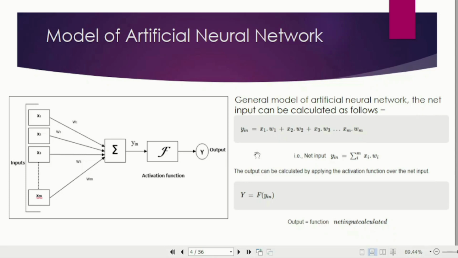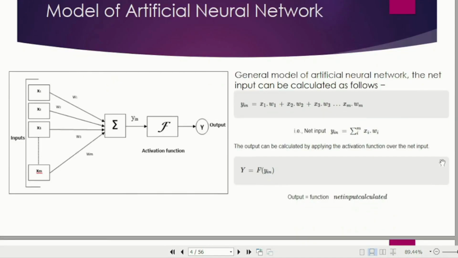Mathematically, the output is the activation function applied to the net input, which we have discussed here. So output equals a function, which can be any type of activation function. We will go through it in detail in our next slides. There are a number of types of activation functions, such as ReLU and sigmoid. Different types are there. So that's the model of the artificial neural network.